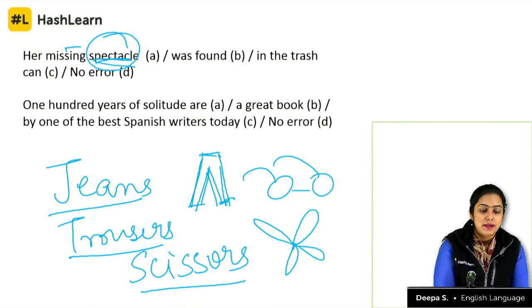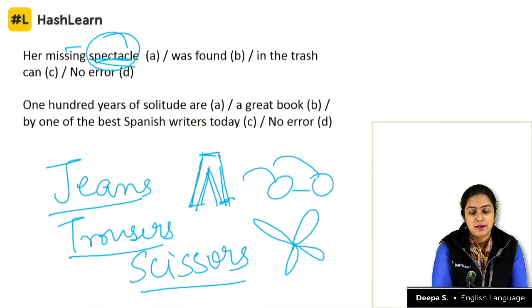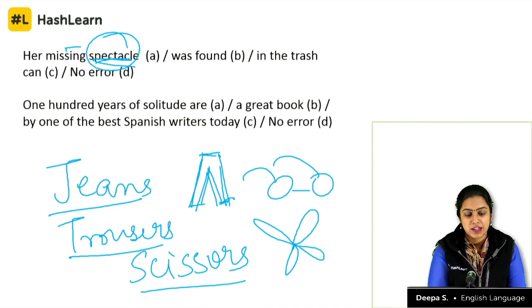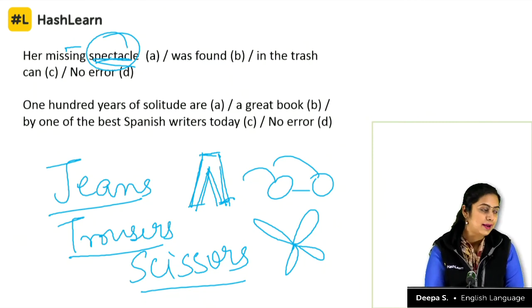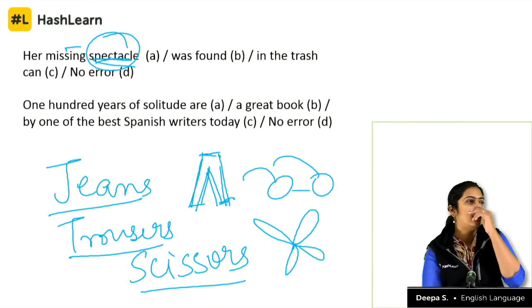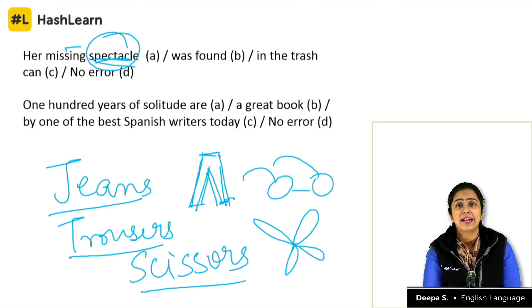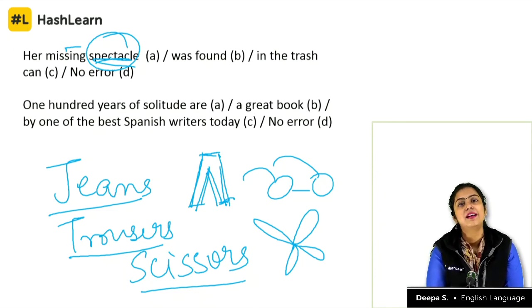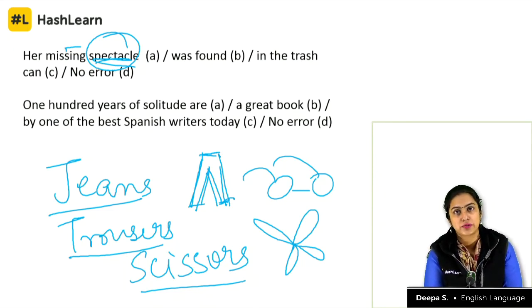Okay, next: 100 Years of Solitude are a great book by one of the best Spanish writers today. 100 Years of Solitude, Arabian Nights, or Satanic Verses. Okay, now these are names of books.